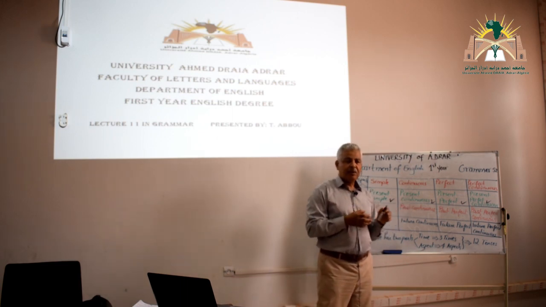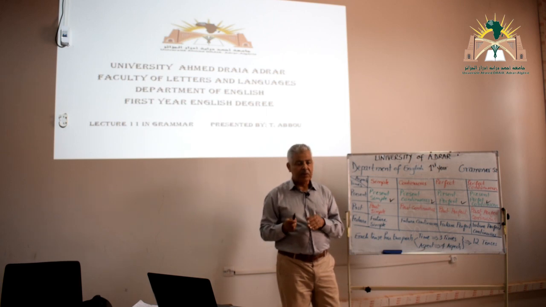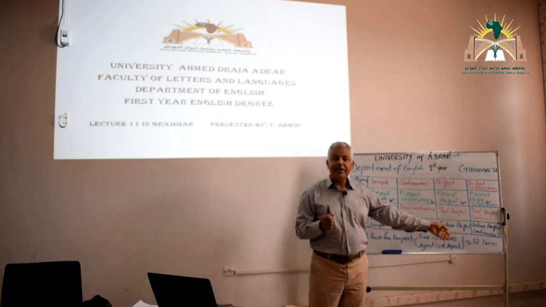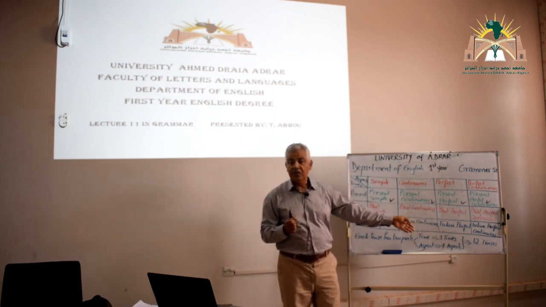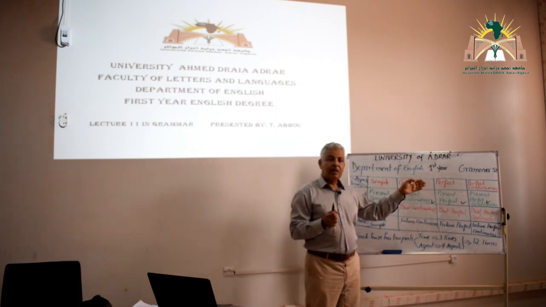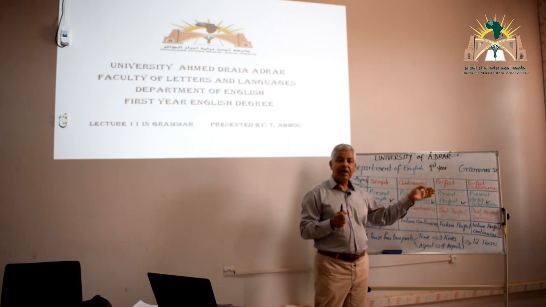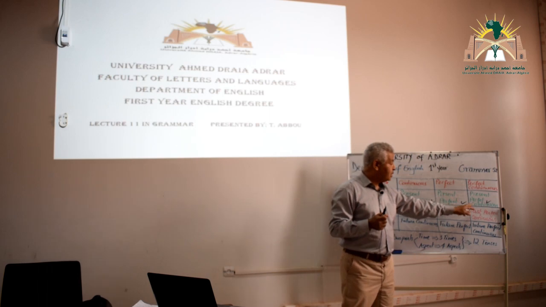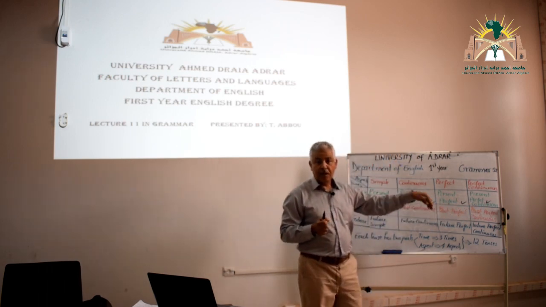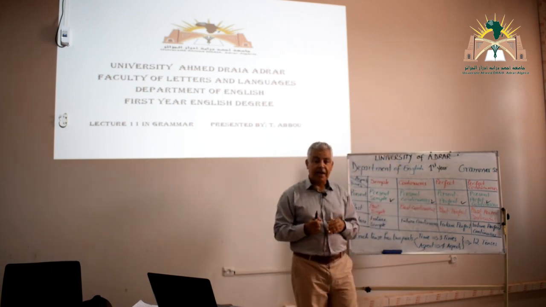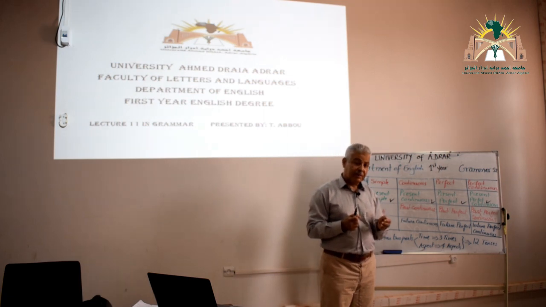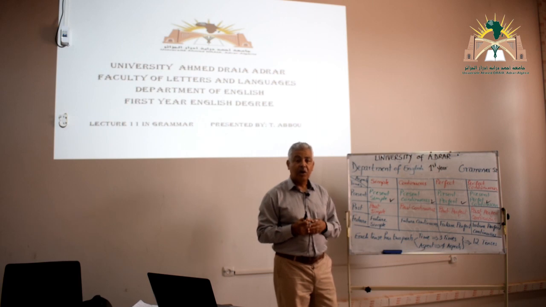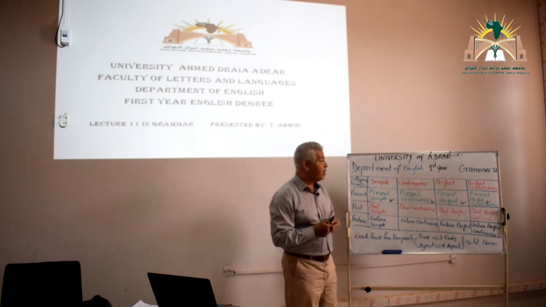If we have present evidence, for instance, the streets are wet, what can we conclude? It has rained, or it has been raining. Then we talked about the present perfect continuous, when we talk about an action in progress, imperfect. The example of the streets are wet, it has been raining.